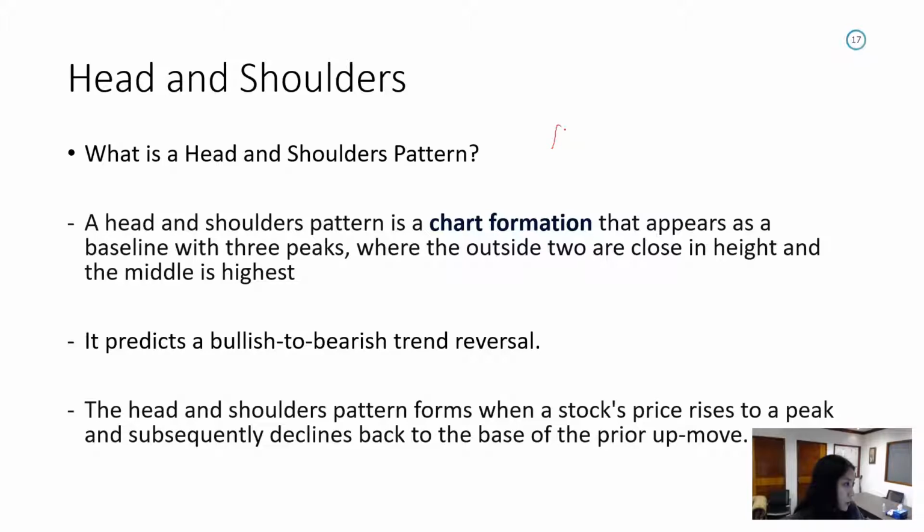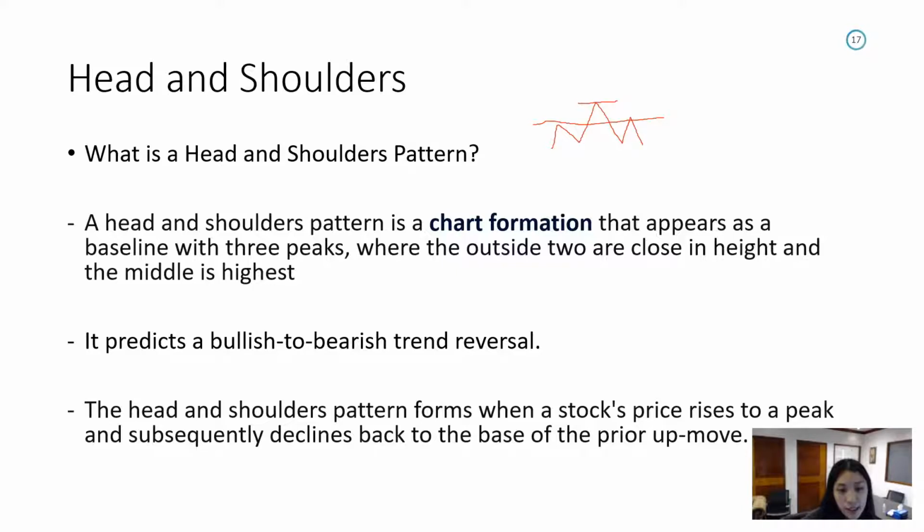It's going to look like this for a head and shoulders, which means that the head and the shoulders have the same resistance level here. And the middle point here will be the highest level compared to the shoulders.